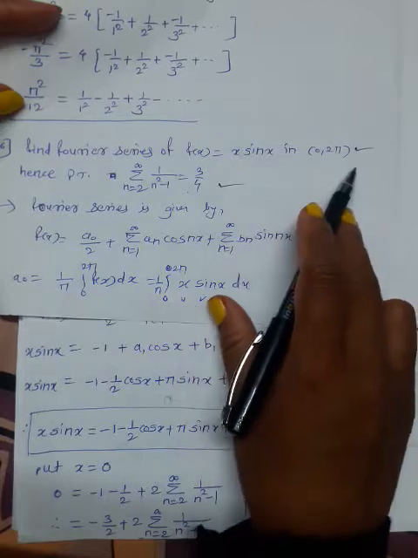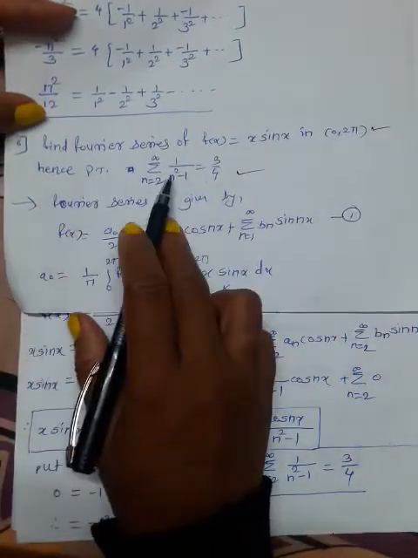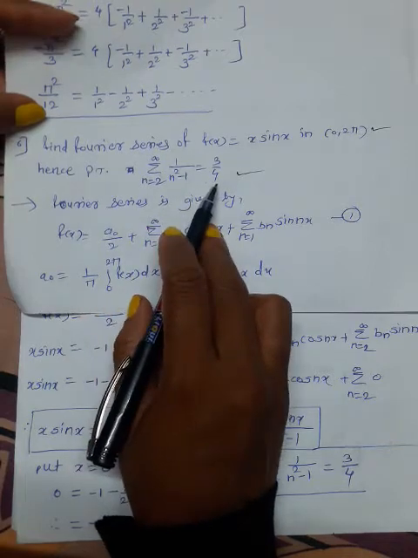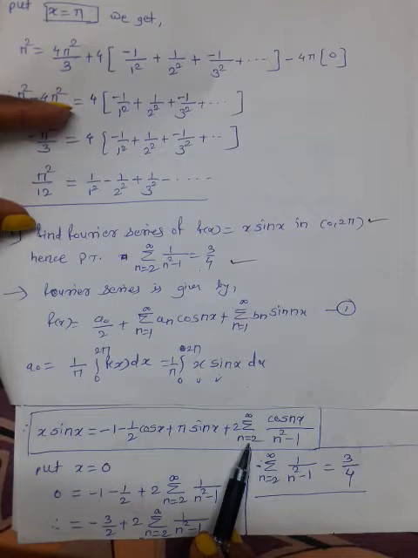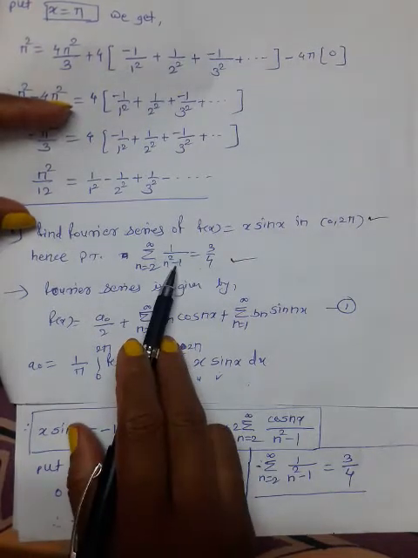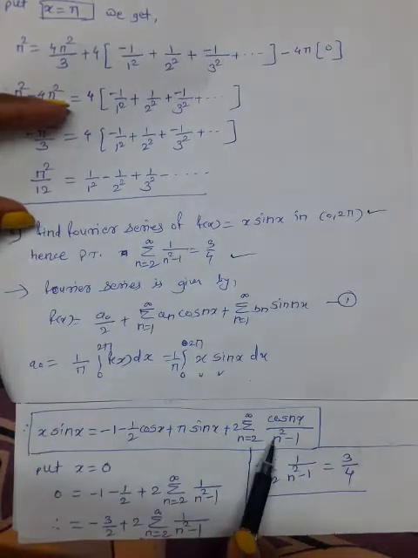Okay, now the first question is completed for this Fourier series. Now we have to prove that this summation is equal to 3 by 4. We get this answer. Okay, now we have to prove this. This 1 upon n square minus 1 summation over n from 2 is here.